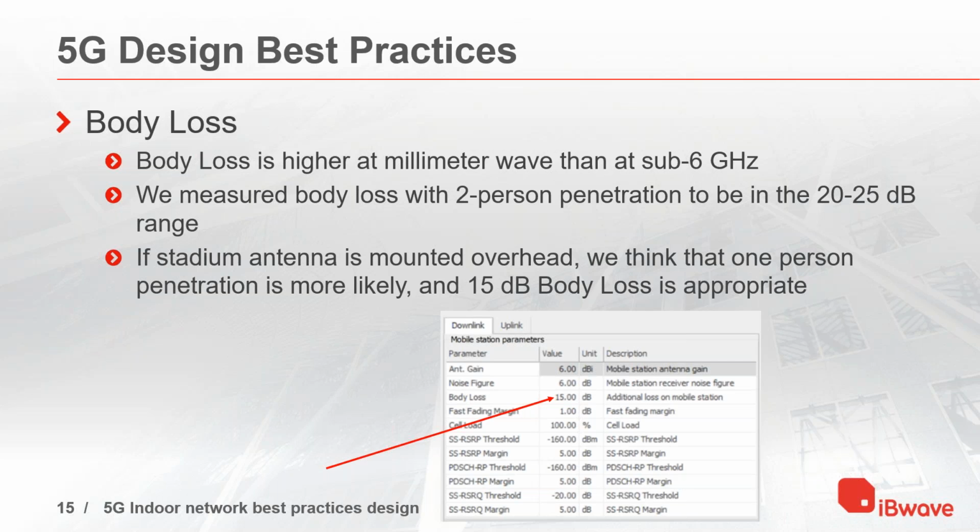But if you are trying to browse while people are still sitting down and maybe the stadium is half full, especially these days with restrictions on watching sports games, then it is quite possible that you will not have that 15 dB penetration loss most of the time. So that is one difference between millimeter wave and lower frequency. At lower frequency, it will be there all the time, and it is only 3 dB. At higher frequency, it may not be there all the time, and it is much higher. It's 15 dB.